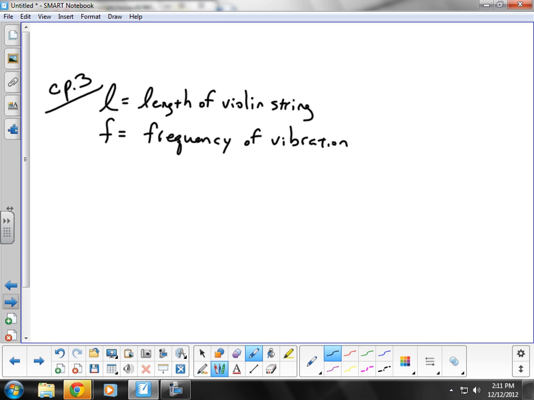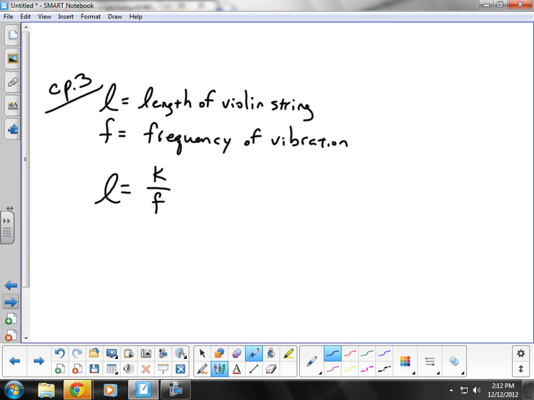And it says here that the length, L, varies inversely, k over F, the frequency. Okay, so I've got my equation. It says inversely, you put the k over the second variable.